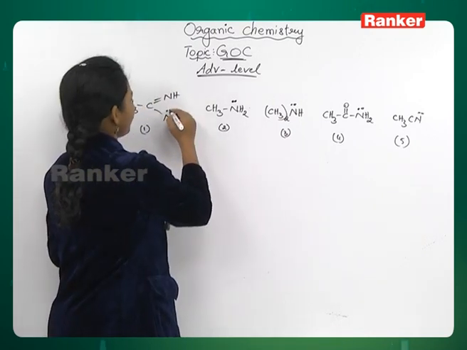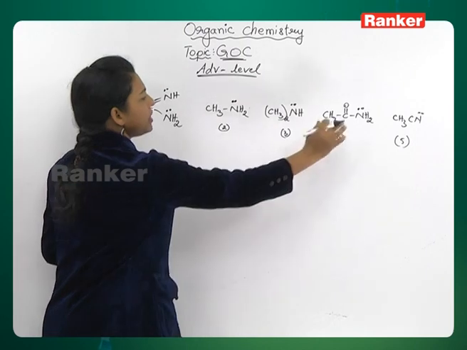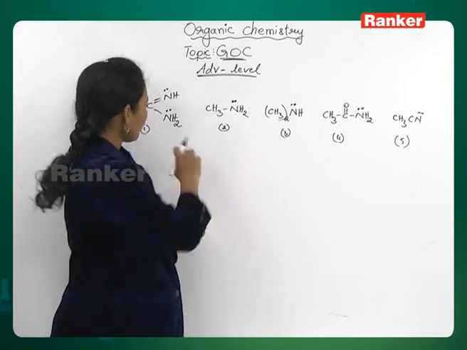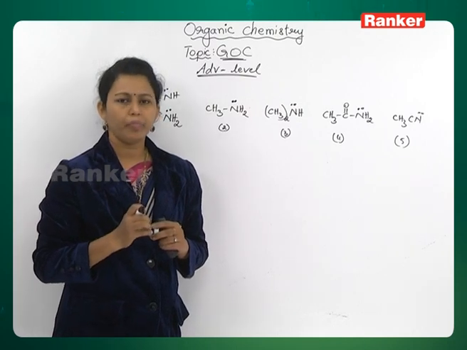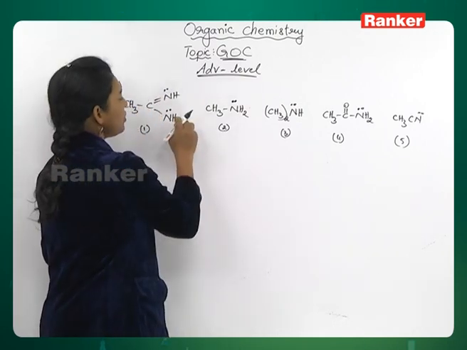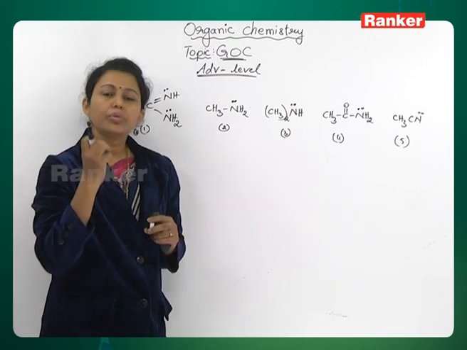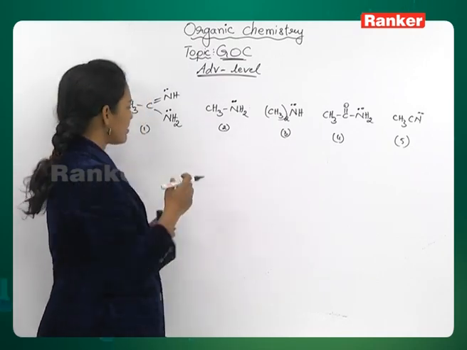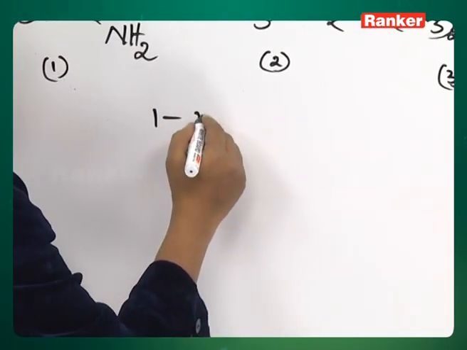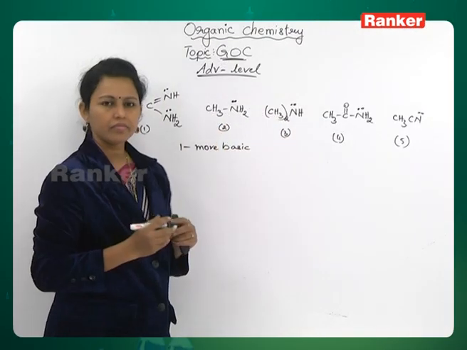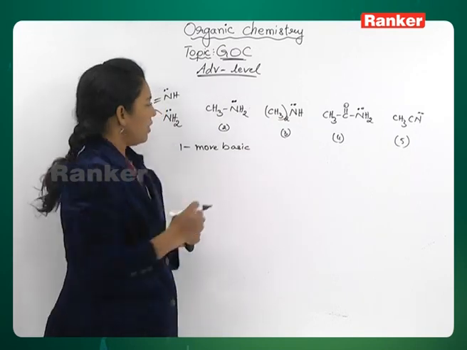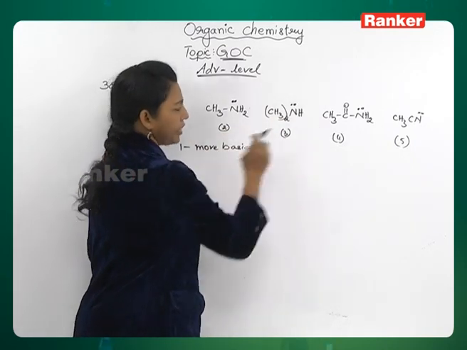Now if you observe in all these compounds, we can observe nitrogen containing a lone pair of electrons, and in the first compound we can see 2 lone pairs of electrons. So as a result we can take the first compound as more basic. Now let us take the second, third, fourth and fifth compounds.